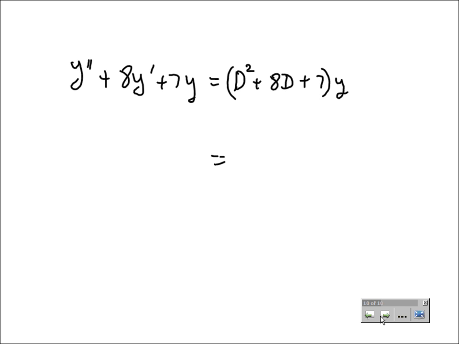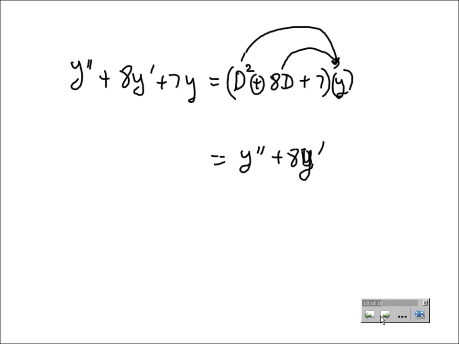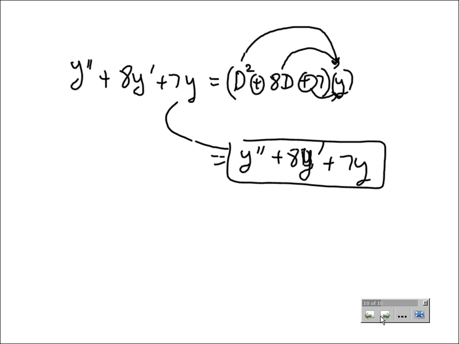Because after all, if you take the second derivative of y, you get y double prime. And then if you add on 8 times the derivative of y, you get 8y prime. And then if you add on 7 times y, you'll get 7y. And this here is exactly what I started with.